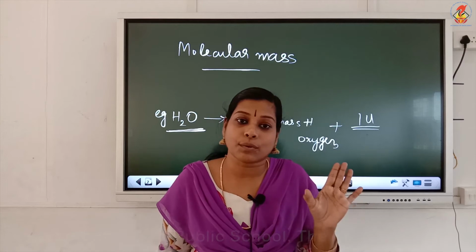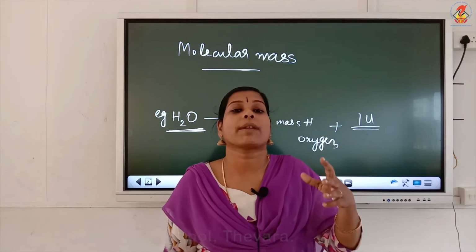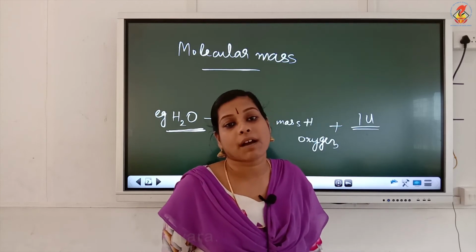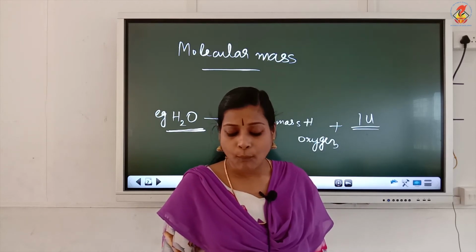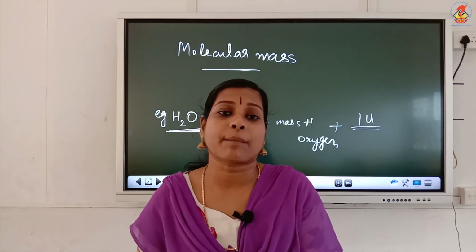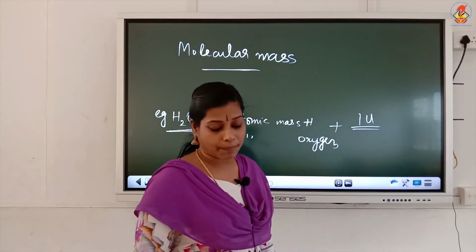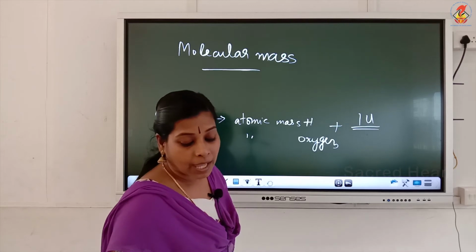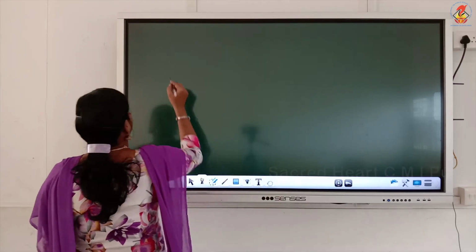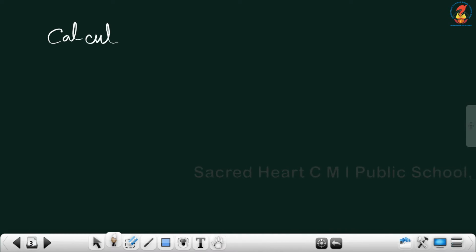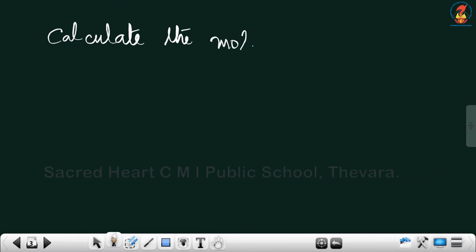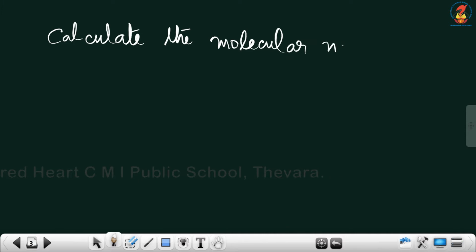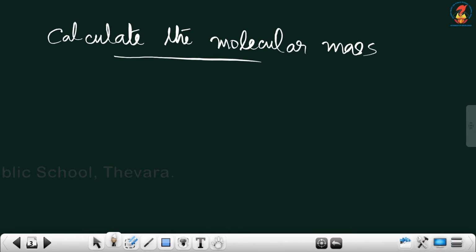You should learn it by heart, and using those atomic masses, we can calculate the molecular mass of different compounds and also of different elements. Now let us calculate the molecular mass for the following elements and compounds, one by one.